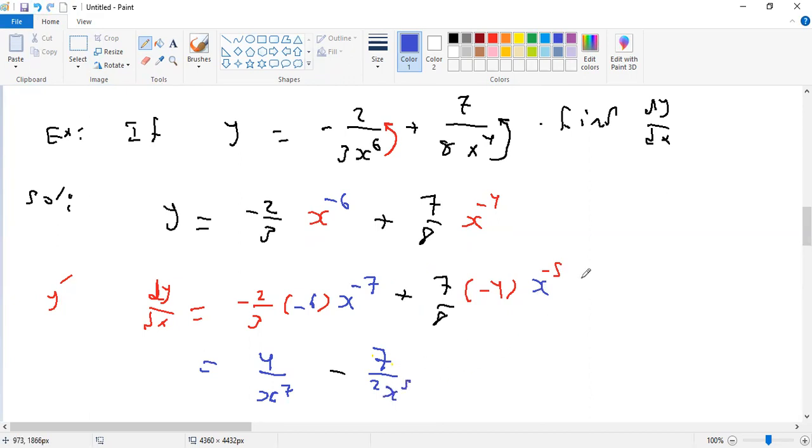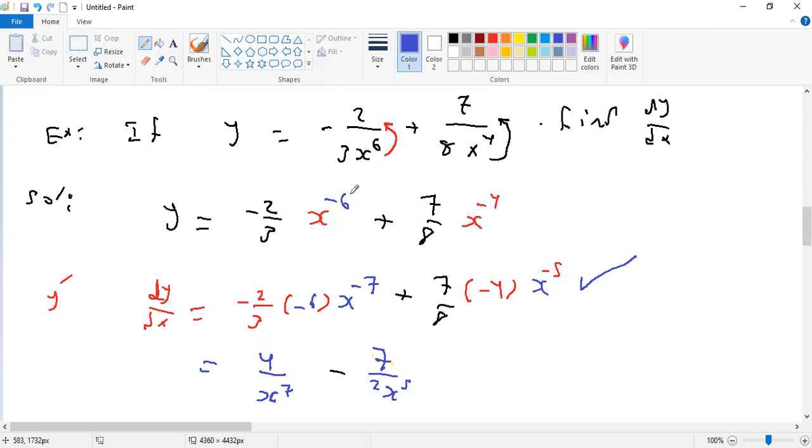See, students, the main step is this one. I'm repeating again: negative 6 times negative 2 over 3, which is 4, and negative 6 minus 1 is negative 7. And negative 4 times 7 over 8, and negative 4 minus 1 is negative 5. I have to remember this from the beginning. Now I have 2 over 3 x to the power 6, so we have to write x^6 up.